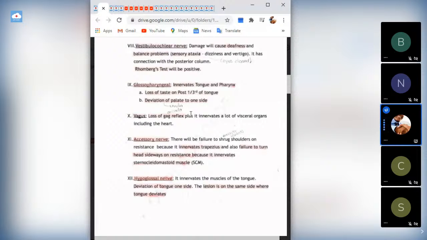So we mentioned that there are two different branches, vestibular branch and the cochlear branch. Okay, so when there's affectation of the vestibulocochlear nerve, it means you are likely going to have vertigo, nystagmus, inability to balance properly. There may even be an ataxia.